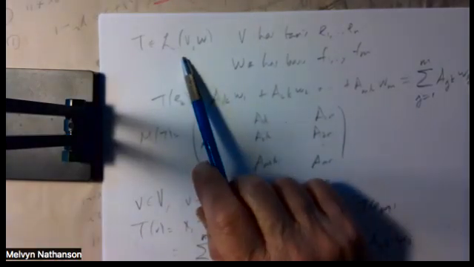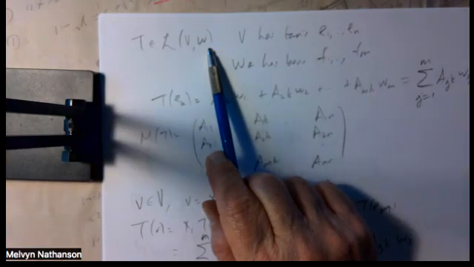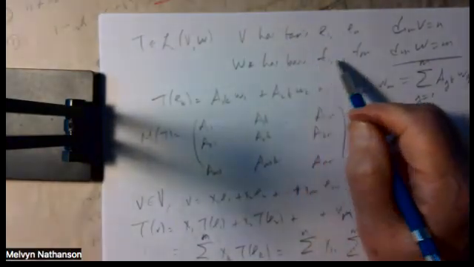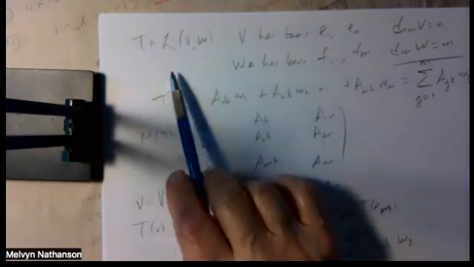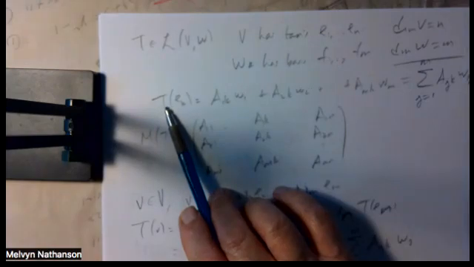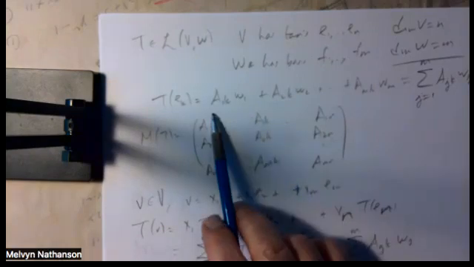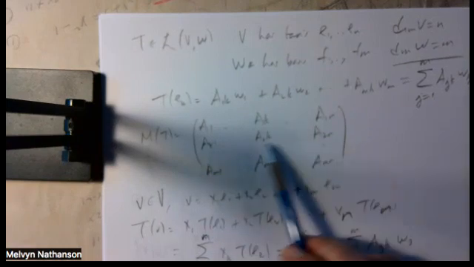So again, let's go back and make sure this is clear. I have two finite dimensional vector spaces V and W. V has dimension n and the basis e1 up to en. W has dimension m and the basis f1 up to fm. And T is this linear map from V to W. How does T act on a basis vector? If I take the basis vector ek, T of ek is this linear combination of the vectors in the basis for W, and this is how I define the matrix.